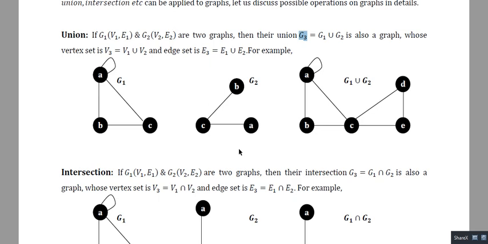Similarly in this case the duplicate vertex, that is C, is discarded, so we place C only once. So it will be like this.